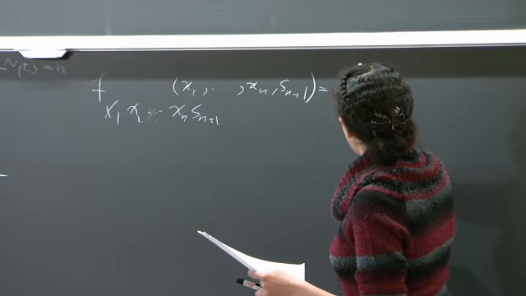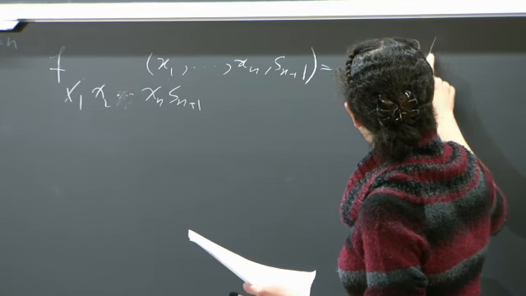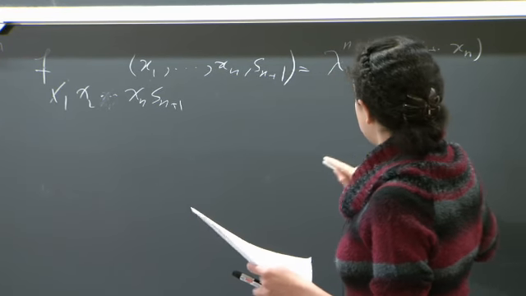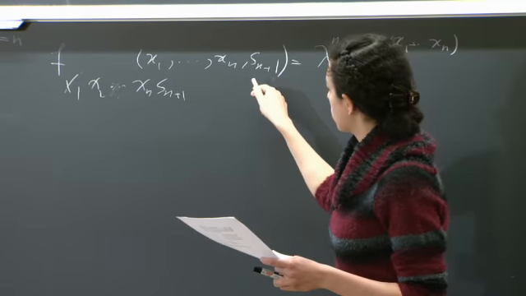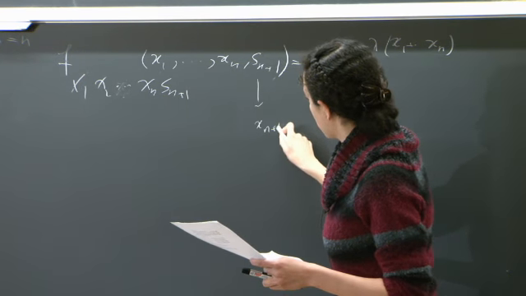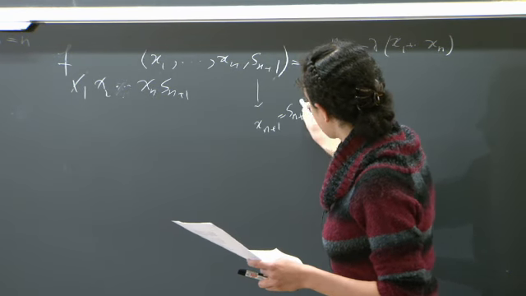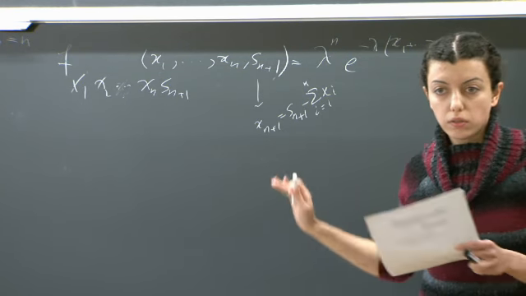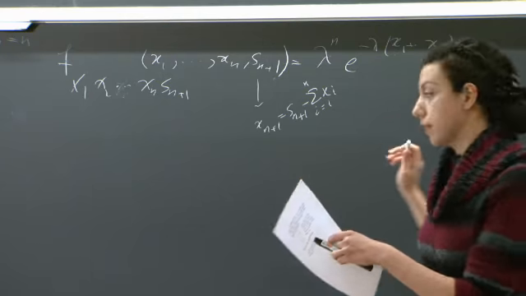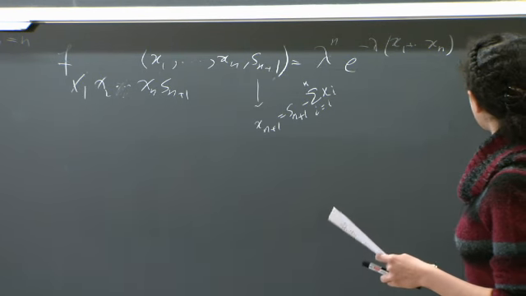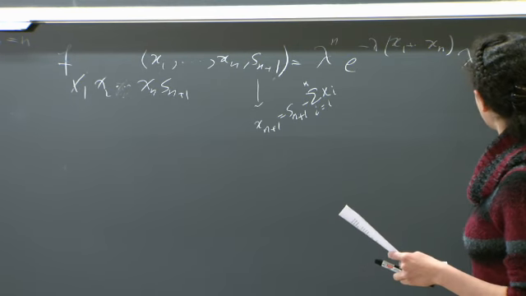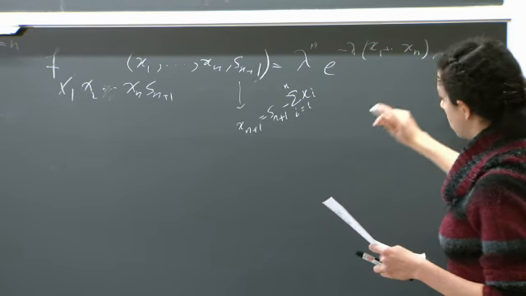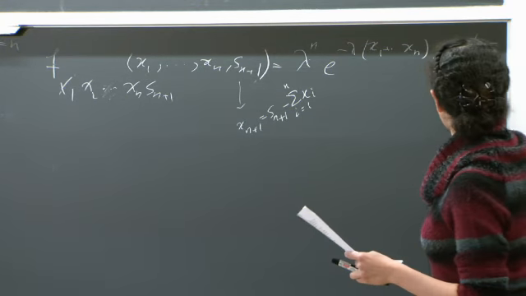So I will have lambda to the power of n, e to the power of minus lambda. And then this last one corresponds to the fact that x_{n+1} is equal to t minus the summation of x_i. These two events are equivalent to each other. So this is going to correspond to lambda e to the power of minus lambda.